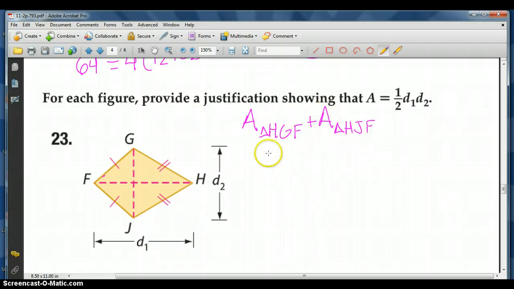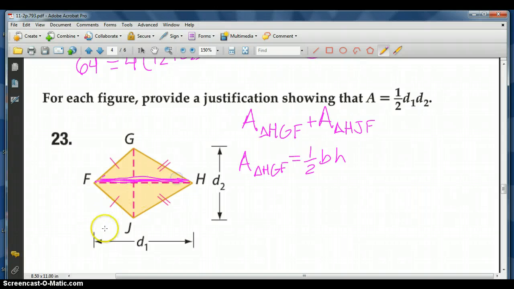So let's come up with an expression for the area of triangle HGF. Triangle HGF is half of its base times its height. So its base would be this length, which we know is D1.